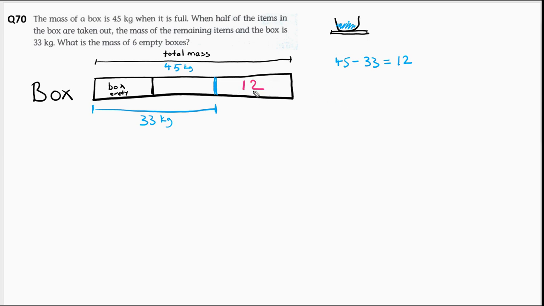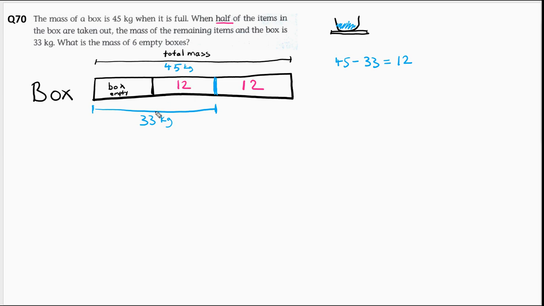Now, if that's 12, what else do we know? Well, we know that that is 12 because it told us half of the items were taken out, and so these two parts were equal. So we've got even more information now. If we look at just this part of the model, we know that this part has a total value of 33, and we know the value of this bit here.